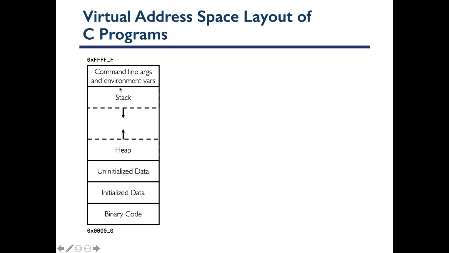Your stack starts from the top and grows downward as you do function calls iteratively. Basically, the stack is used for function calls. It grows this way, and then you have command line arguments and the environment variables residing on top in a reserved space.